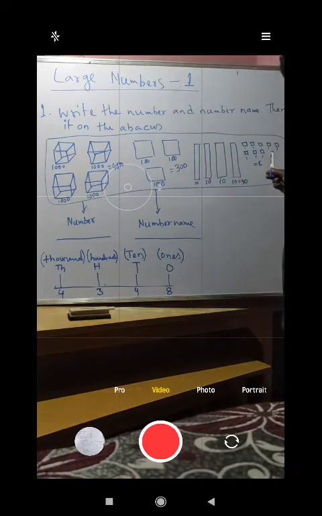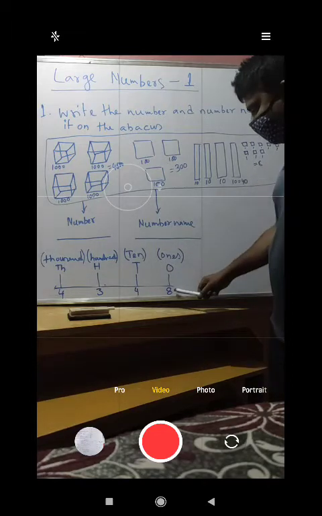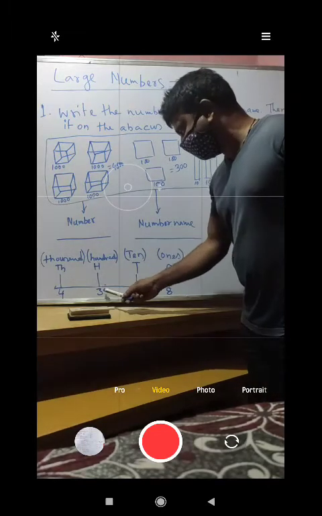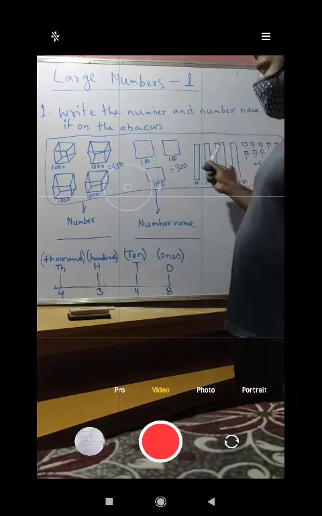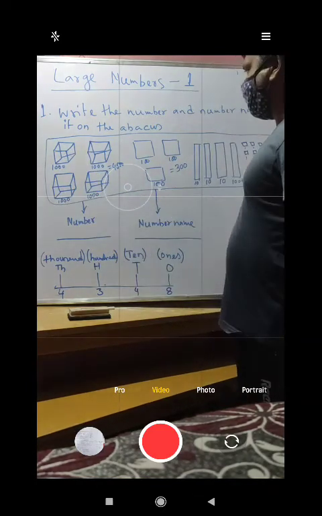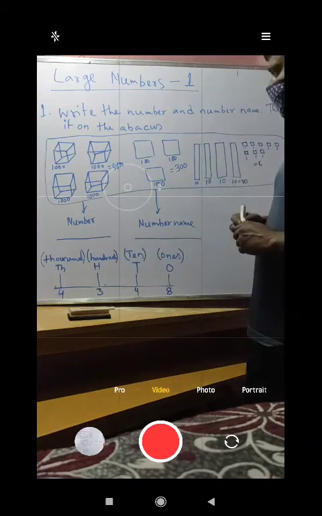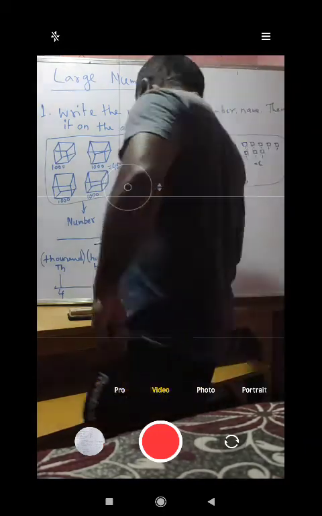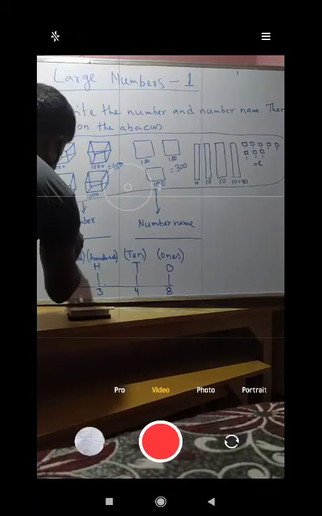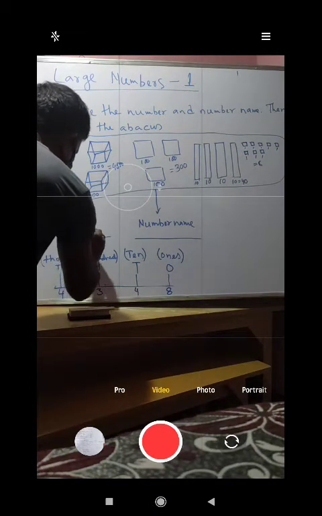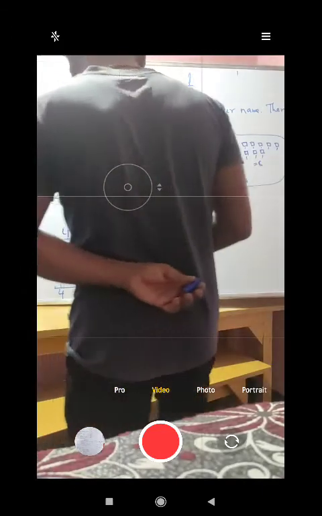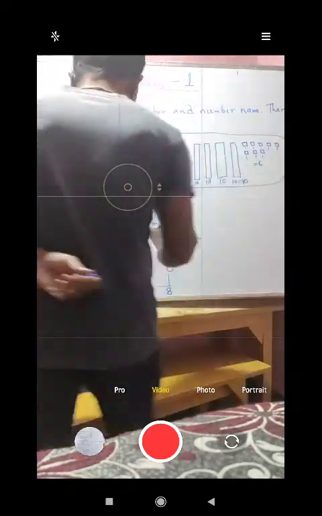And in the ones place it is 8, totally 8 blocks are there, so we will write only 8. So the total is 4348. If we count and do the maths in this fashion, in the number it will come 4348. So this is the answer of it.